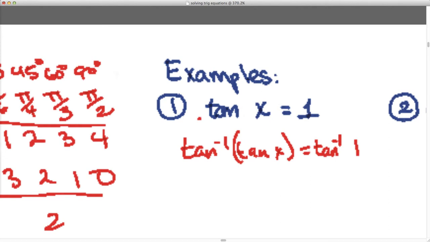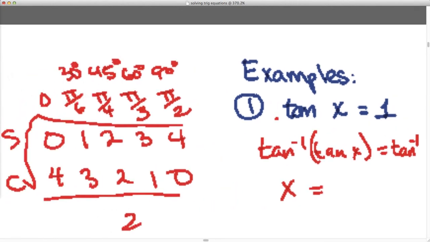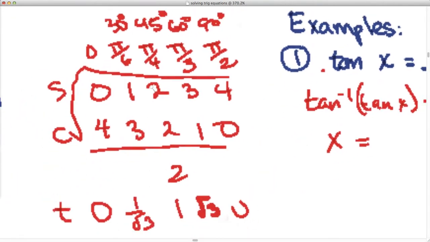So what this is going to do on the left side is cancel the tan. And on the right side, you got to ask yourself what angle, reference angle, has a tangent of 1. So if we come over here, we would see that we would be right here for a reference angle of 1. So that would be pi over 4, 45 degrees.